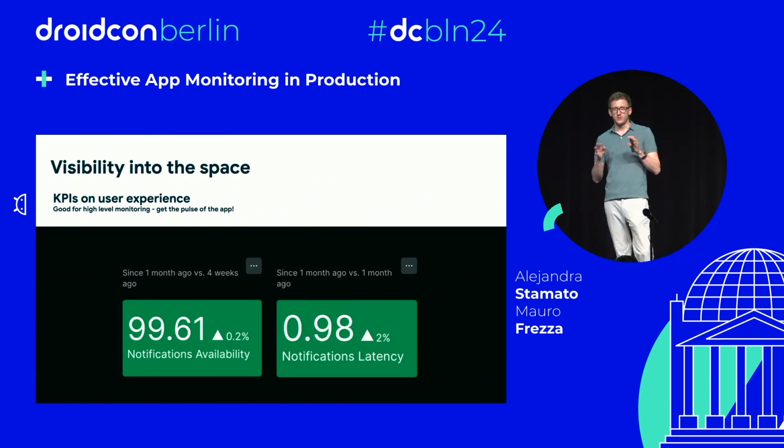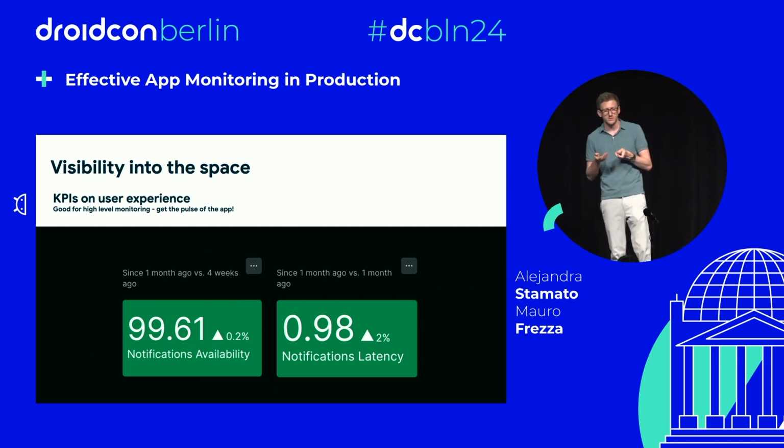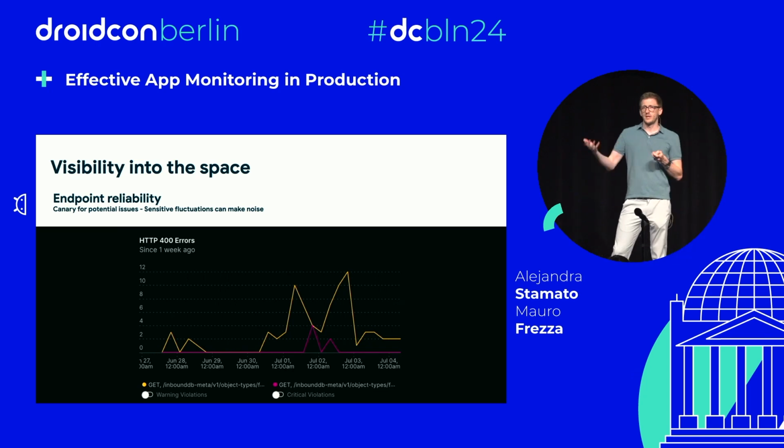All this helps you get visibility into the monitoring space that you created. So we start with the KPIs that are extremely useful to see at first glance if something is wrong, but they are not enough to tell you what is actually wrong. We monitor the endpoint reliability or any kind of API that we use.